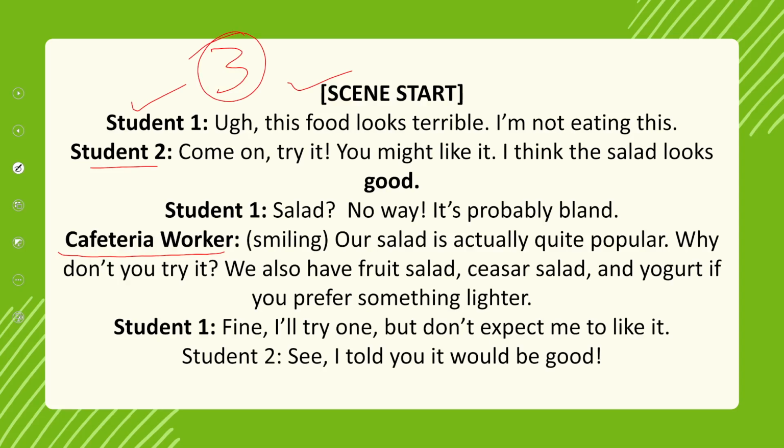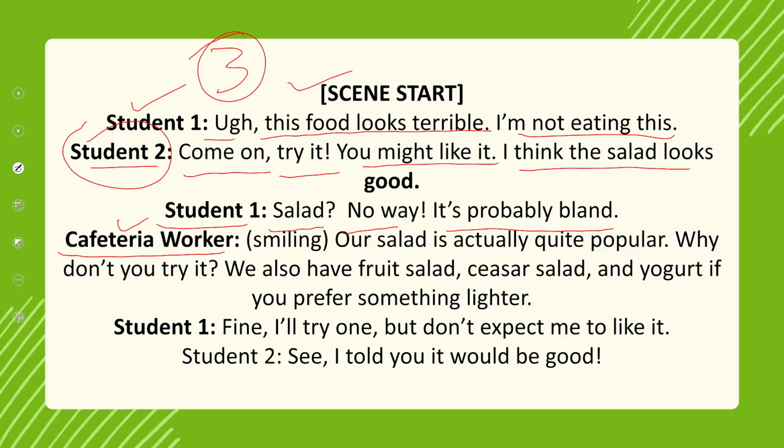Student number 1 says, oh, this food looks terrible. I'm not eating this. Student 2 says, come on, try it. You might like it. I think the salad looks good. Student 1 says, salad? No way. It's probably bland. Then the cafeteria worker says, smiling.